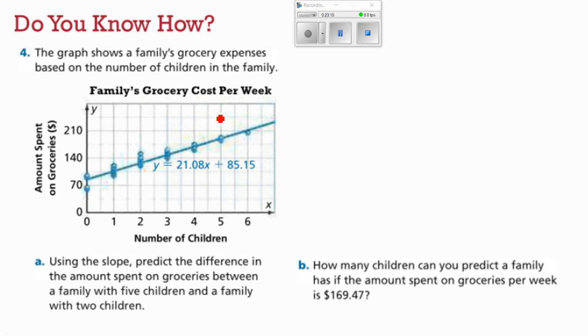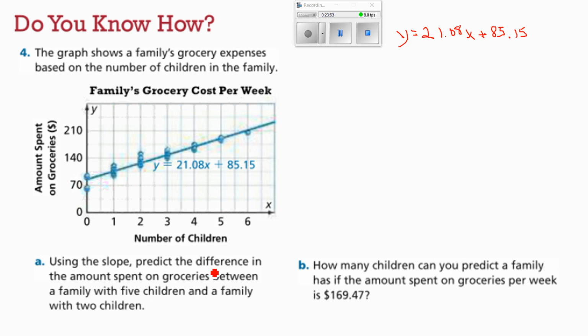Since I know my formula is going to be y is equal to 21.08x plus 85.15, I know I can replace x with the number of kids you're talking about.